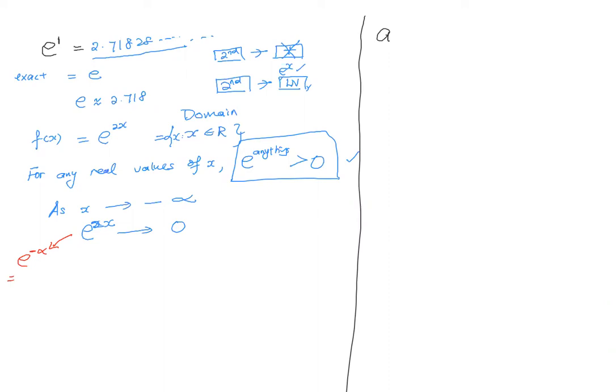A to the power negative n can be written as 1 over a to the power n. So this is 1 over e to the power infinity. When e to the power infinity becomes very, very big, the answer becomes very, very small. So it approaches 0. So these are the few true facts about indices that you have to know.